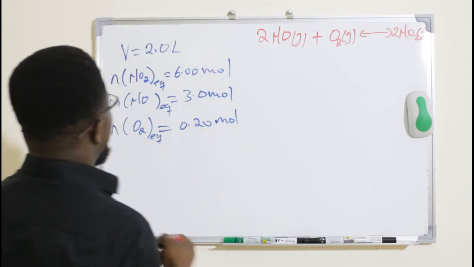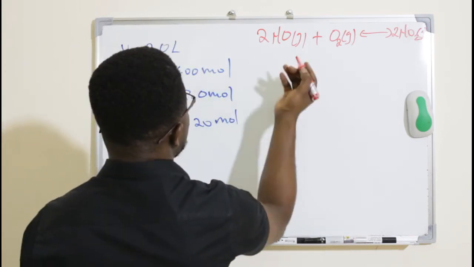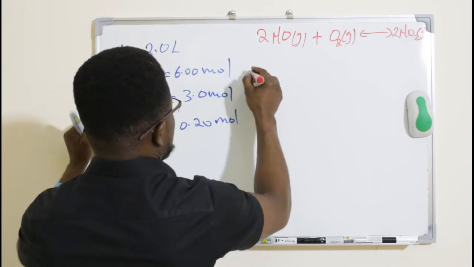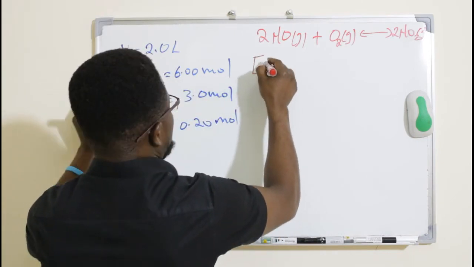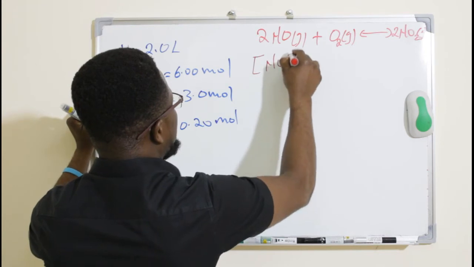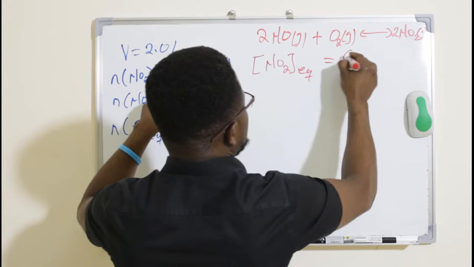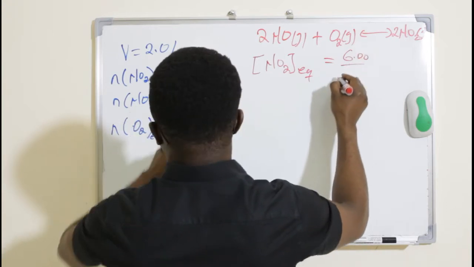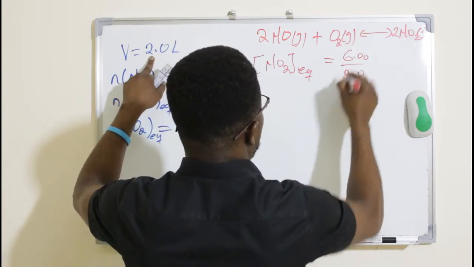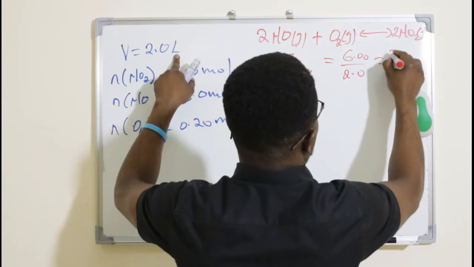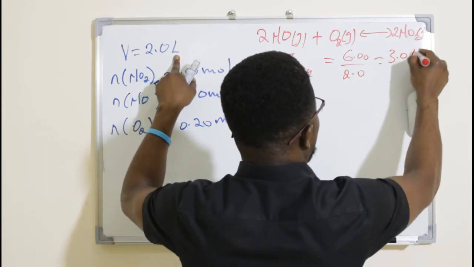So let's first try by converting each of these into concentration. So the concentration of the NO2 at equilibrium is now going to be 6.00 divided by the volume, which is 2.0, and that is going to give you 3.0 molar.